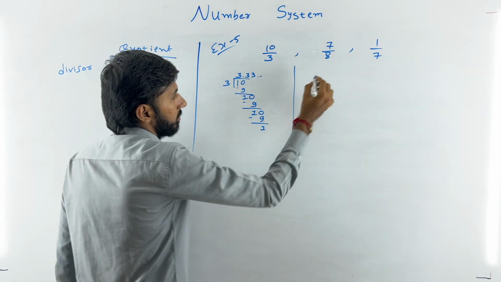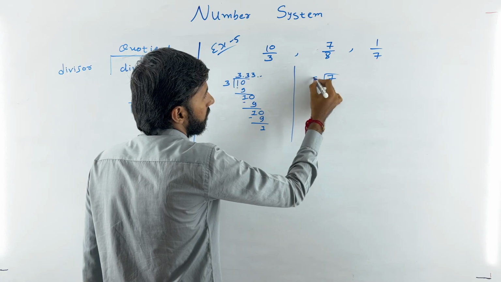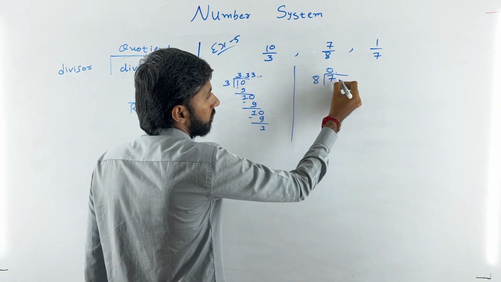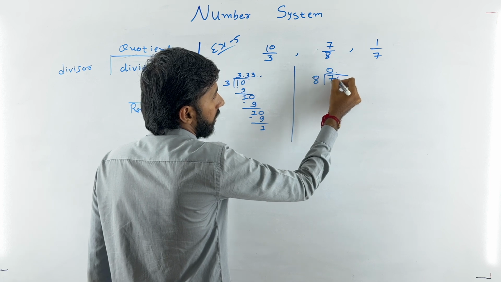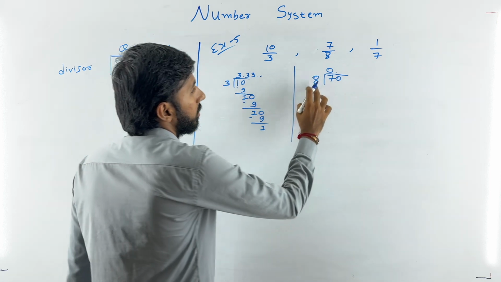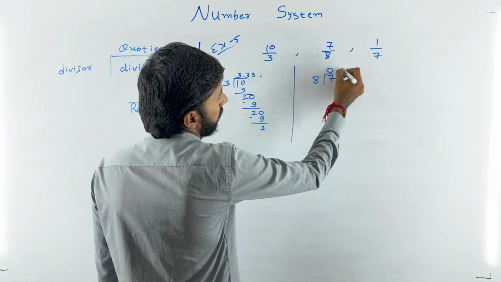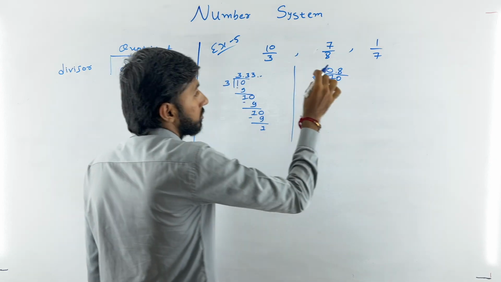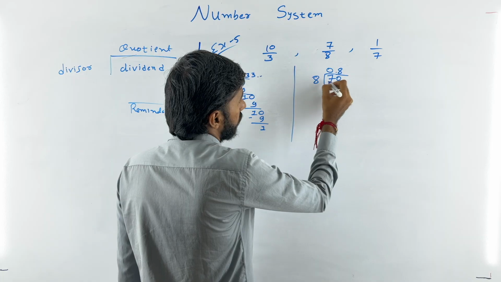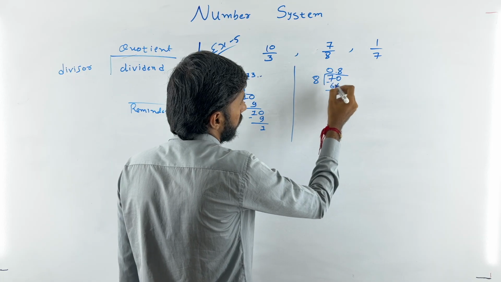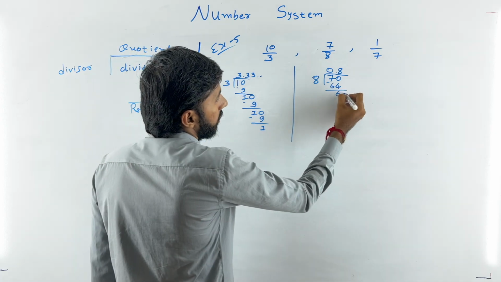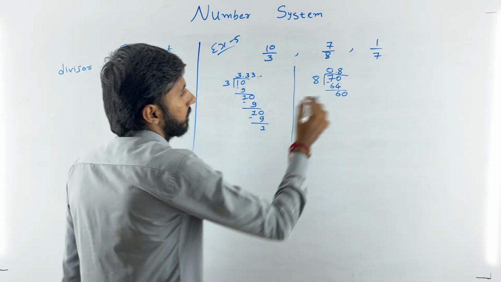Now for the second one, 7 by 8. If I divide 7 by 8, first I have to put 0. So I will get 0 here, and it cuts by 8. So 8 8s are 64. Now here I will get 6. Again I have to put 0 here.